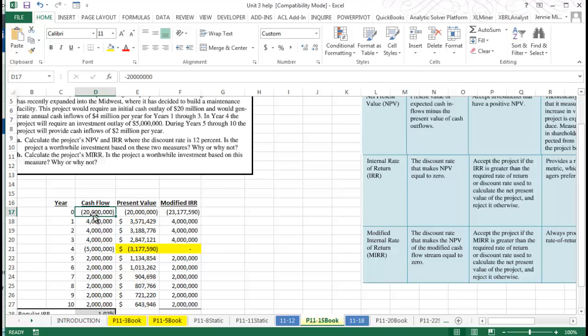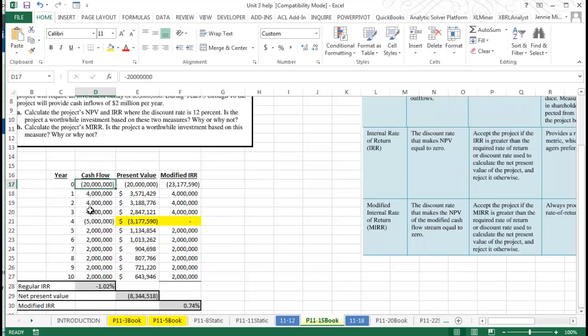If I just use the internal rate of return the normal way, I lay these values out here, and then down here to calculate my regular internal rate of return, I am just using my IRR formula. As you can see here, I'm highlighting D17 through D27, and I just put in a guess of 5%.